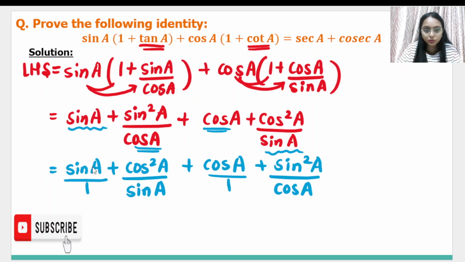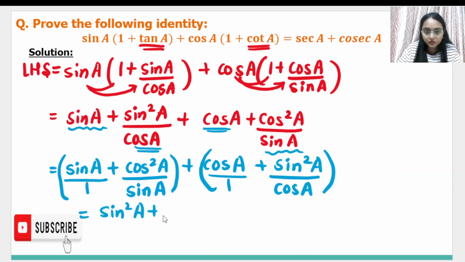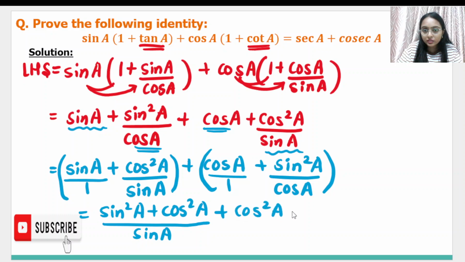Here we have cos A upon 1. So let's take the common denominator by multiplying it. So sin A multiplied by sin A gives you sin square A plus cos square A, the whole upon sin A, plus here when you multiply you get cos A multiplied by cos A, which is cos square A plus sin square A, the whole upon cos A.